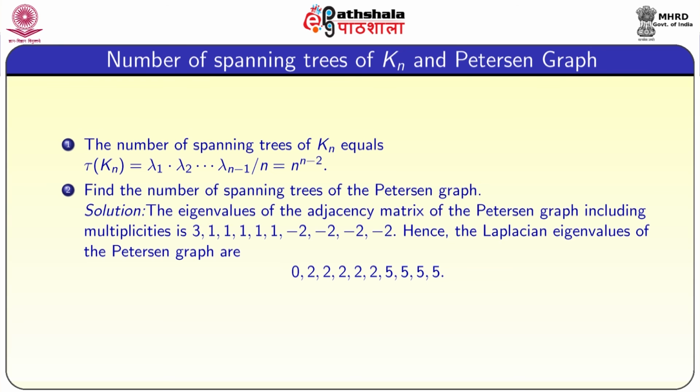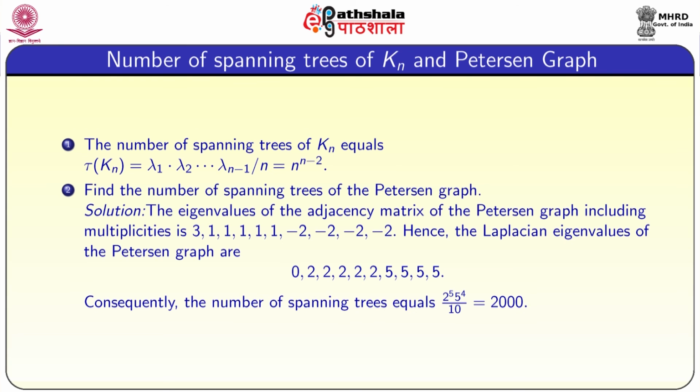Consequently, the number of spanning trees is equal to 2 power 5 into 5 power 4, divided by the number of vertices, that is 10. So that is exactly 2000. So the number of spanning trees of the Petersen graph is 2000.